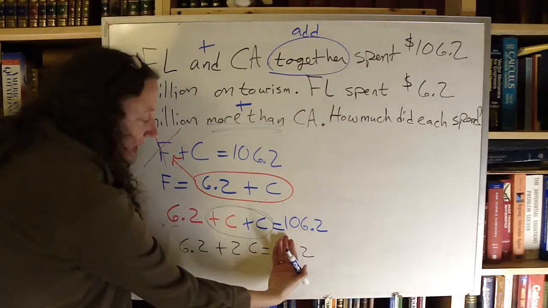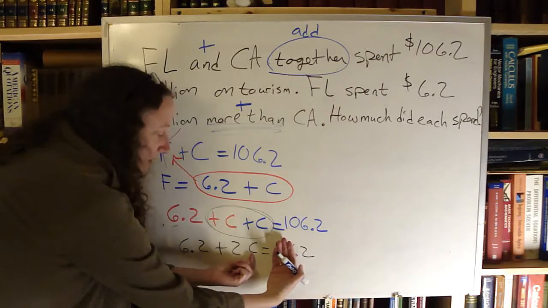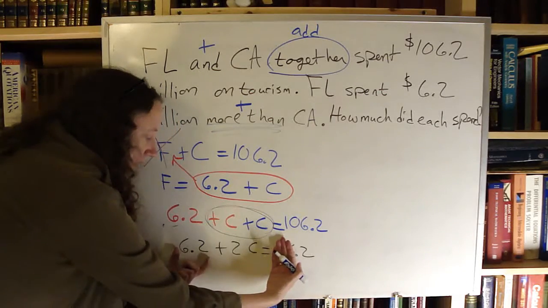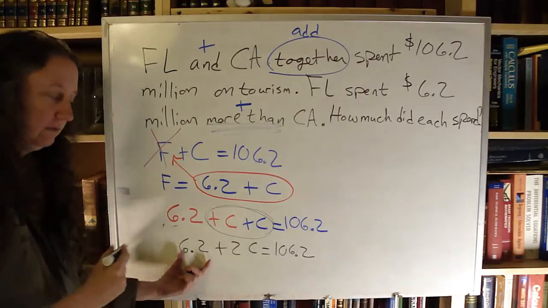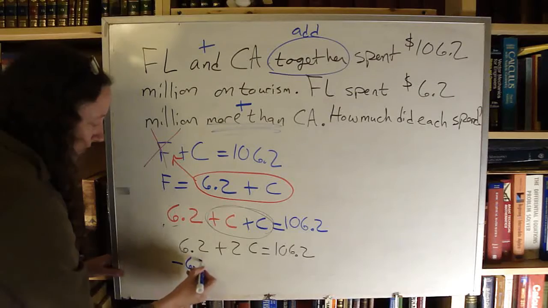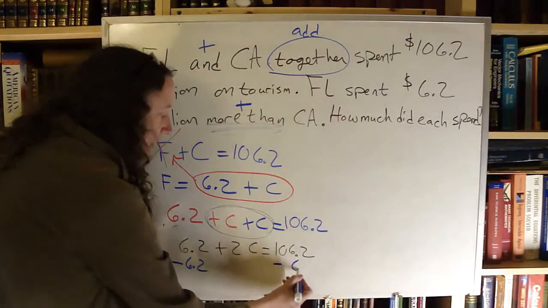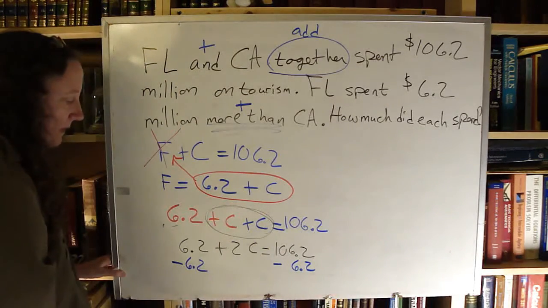So looking at the side where my C is, there's my C. Do I see anything that's being added or subtracted? There's my addition sign, that's being added. I need to get rid of 6.2 first. Subtract 6.2. What I do on one side of the equal sign, I have to do exactly the same thing on the other side of the equal sign.